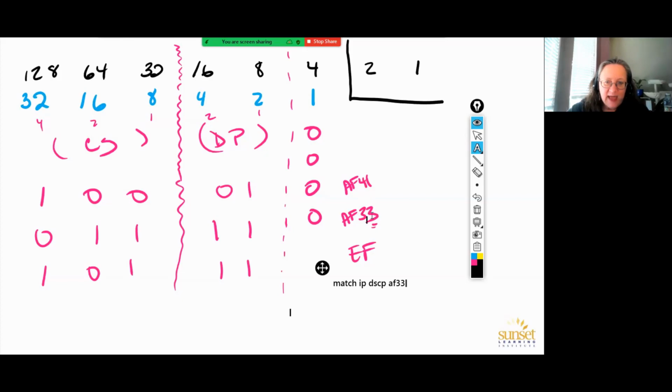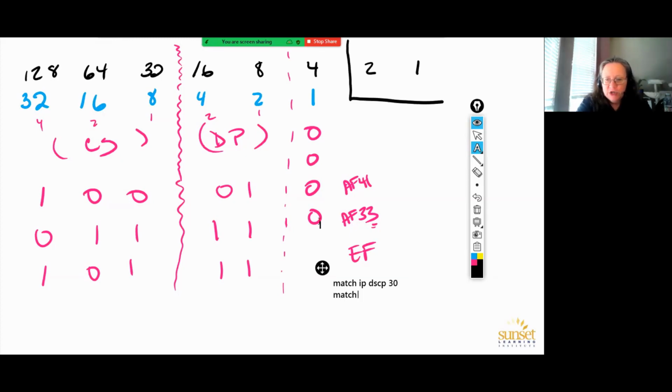So in the case of AF33, I have a 1 in the 16s place, I have a 1 in the 8s place, that's 24, I have a 1 in the 4s place, that's 28, I have a 1 in the 2s place, that's 30. And then this bit here is always a 0. So I would say match IP DSCP 30, and that would be my AF33.